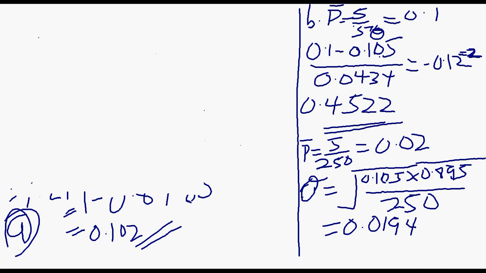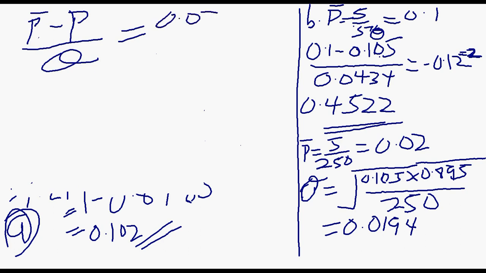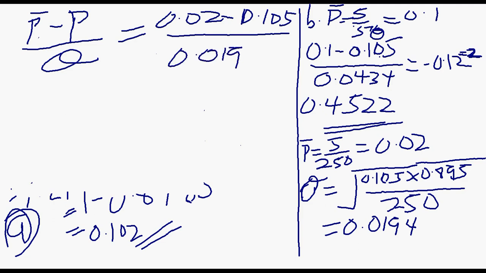So now we already know that it is P bar minus P, all over the standard deviation. So P bar now is 0.02.